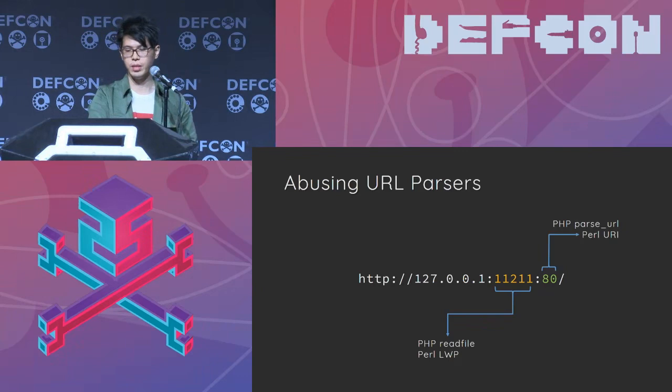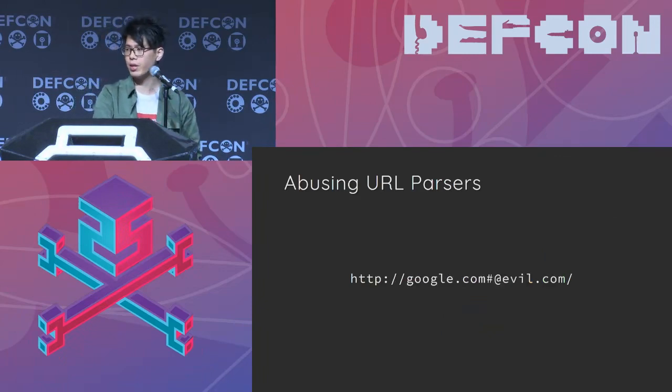But actually, PHP readfile fetches port number 11211. Both parse_url and readfile are built-in functions in PHP, but their behaviors are very distinct. So, we can use this inconsistency to bypass the check.